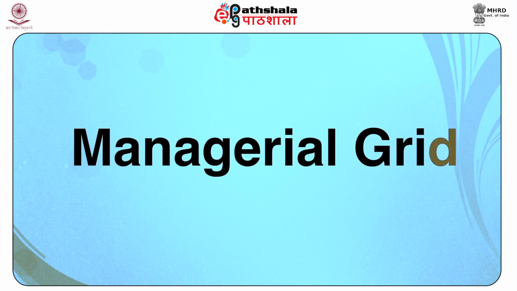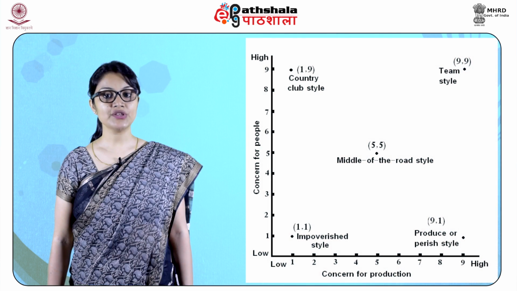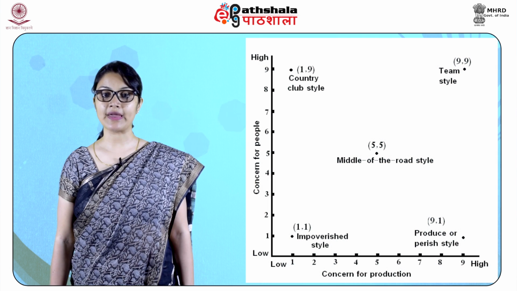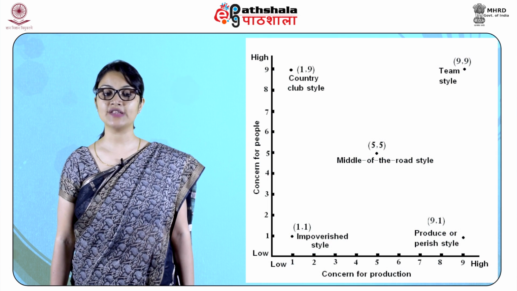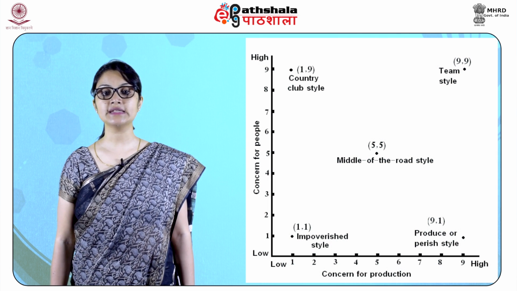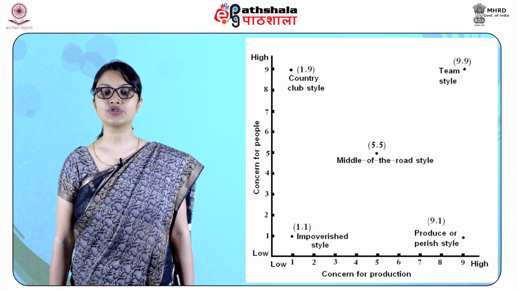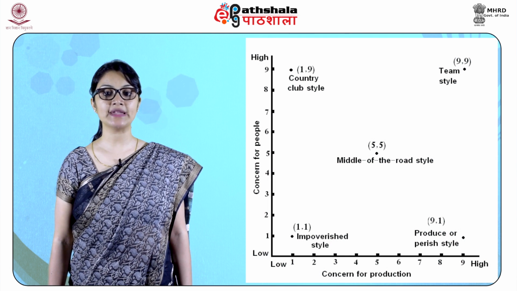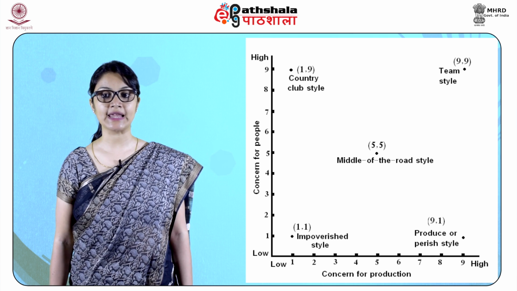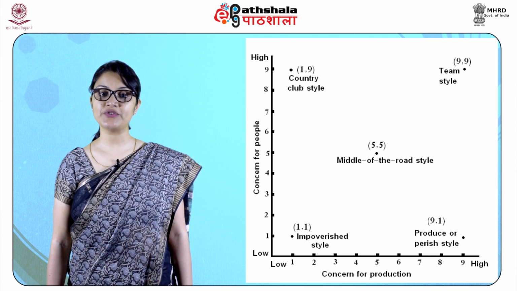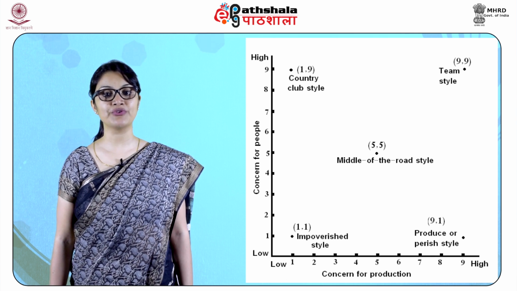The third is the Managerial Grid. The Managerial Grid was proposed by R. Blake and J.S. Mouton in 1964 as a two-dimensional 9x9 matrix of leadership style. It has also been referred to as the leadership grid.